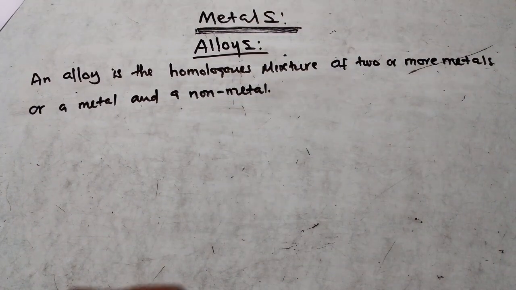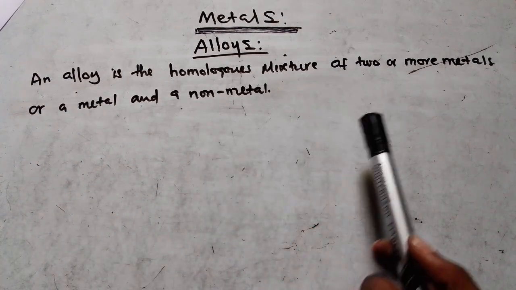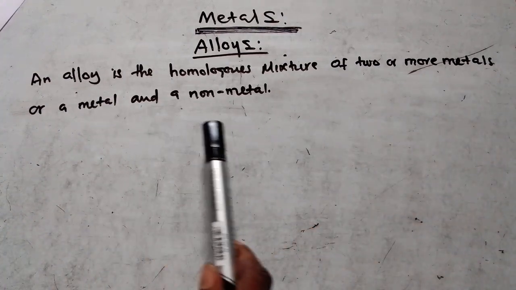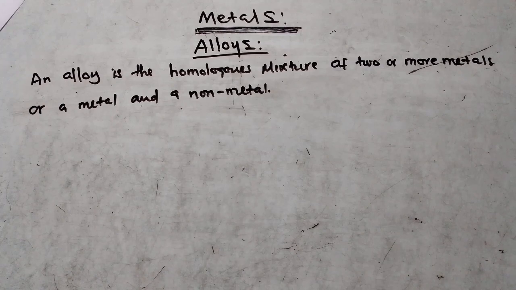So an alloy is the homogeneous mixture of two or more metals or a metal and a non-metal.